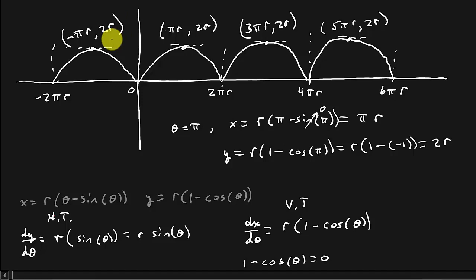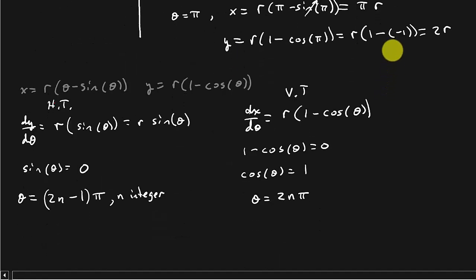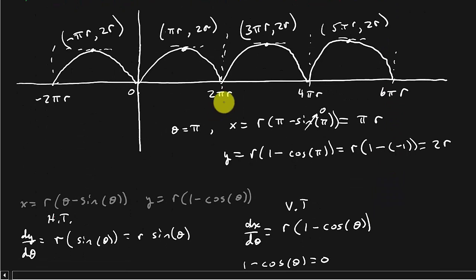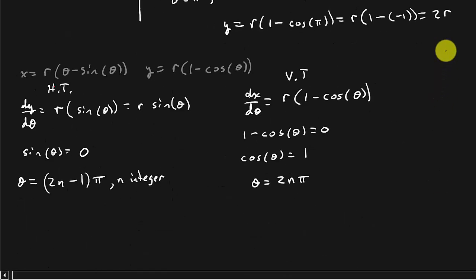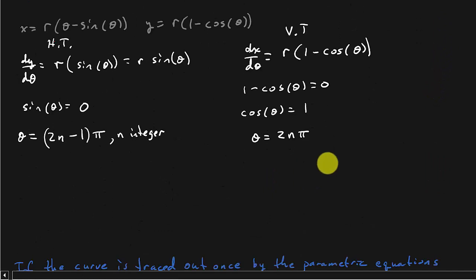let's see if we can't verify that we have vertical tangents there. Let's look at this right here, this 2 pi r. When we've got 2 pi r here. Well, I'll tell you what, let's do the 2n pi. Okay, let's look at 2n pi, what we got here for theta.